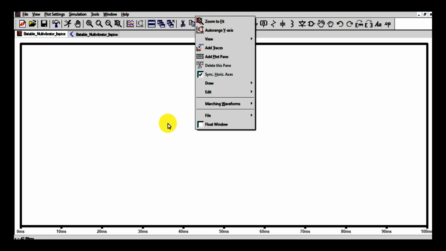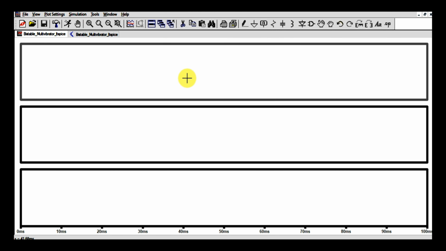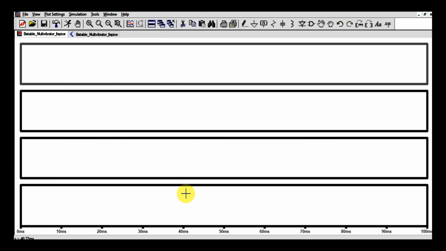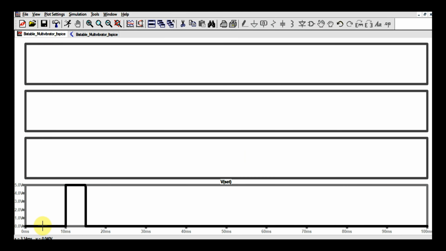Let me divide this window into four panes, that is 1, 2, 3 and 4, and let me show you the waveform. First I will show you the set pulse. So this is the set pulse. Initially for 10 millisecond it is 0, and you can see there is 5 volt for another 5 millisecond, and then it goes again to 0.